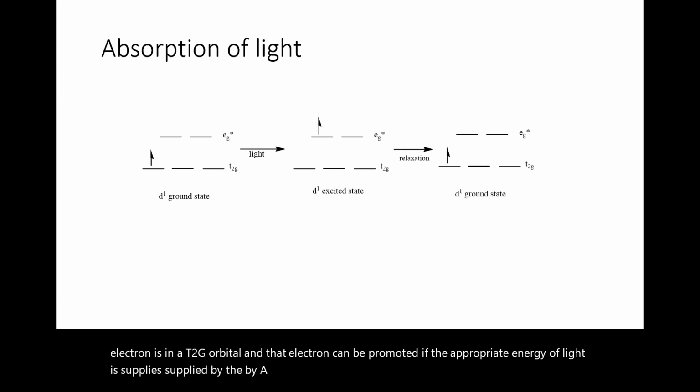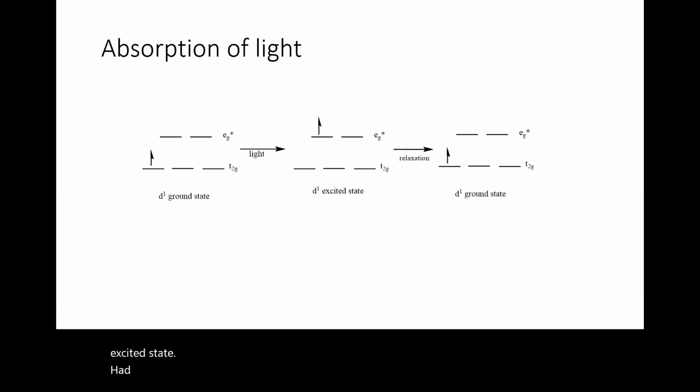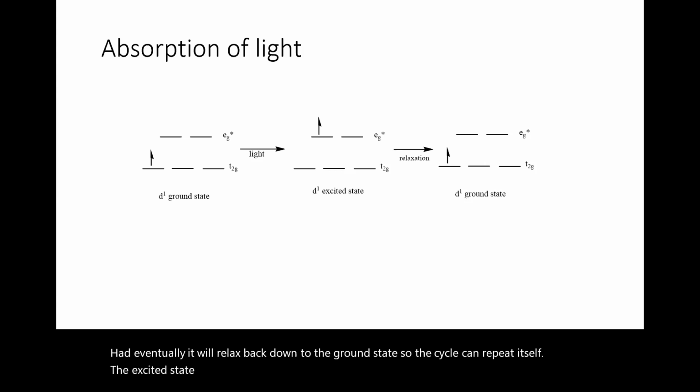So then the electron goes from the ground state to the excited state, and eventually it will relax back down to the ground state so the cycle can repeat itself. The excited state only lasts for a split second, and then the electron returns.